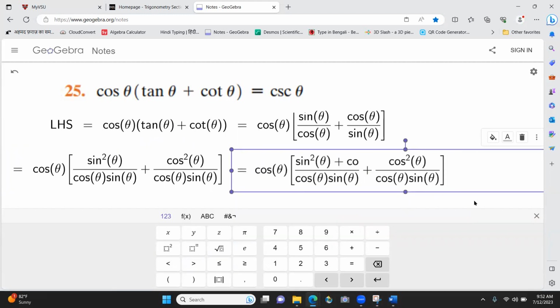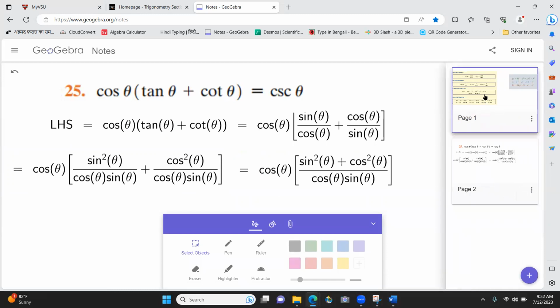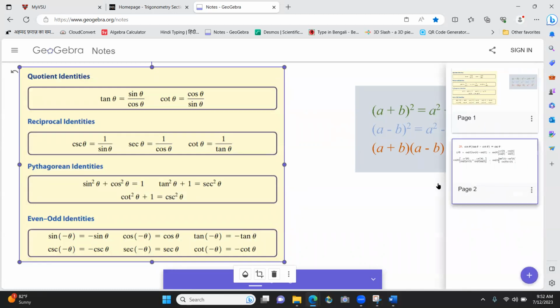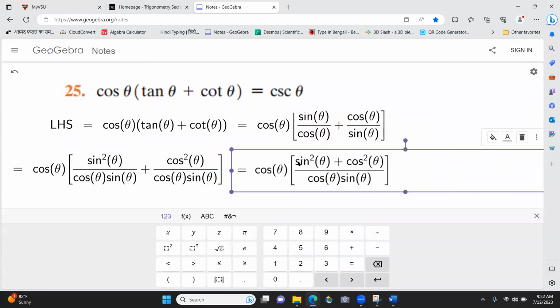And that's exactly what I'm going to do. And whenever you see sine squared theta plus cosine squared theta, you know using this trig identity, you can always say this is 1. I'm just going to delete it because I need the room. This is 1. Now, you can cancel this cosine theta and this cosine theta, and what are you left with?